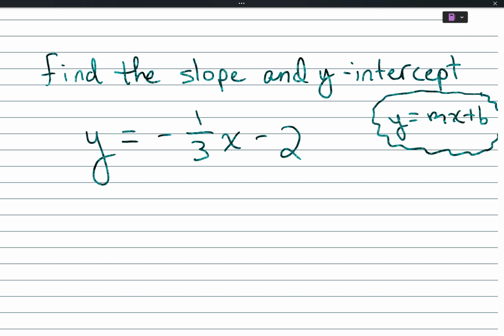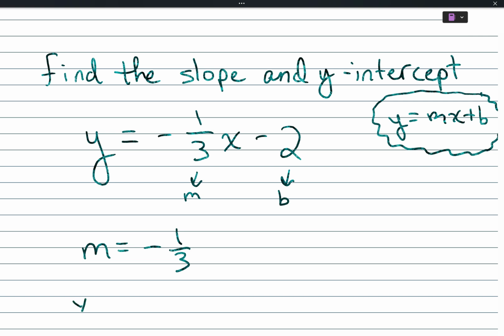So to me, this looks like, again, it's already in that form. It's solved for y, and then I have the m times the x, and then plus the b. It says plus the b, so it's plus the minus 2. It doesn't have to actually say the plus sign in front of it. So then I can just say to myself, what's the slope? The slope is the negative 1/3.